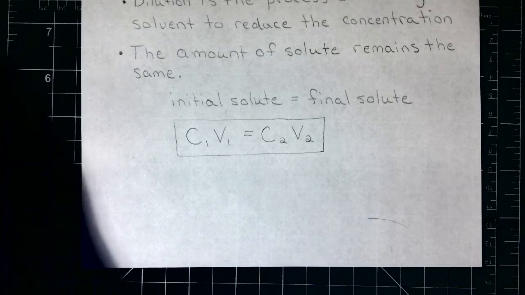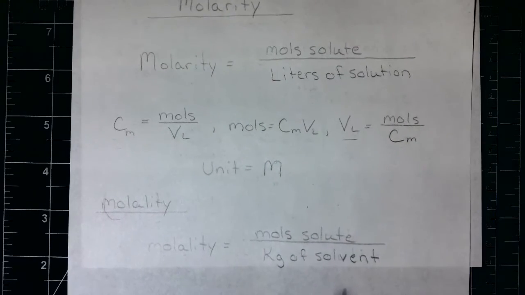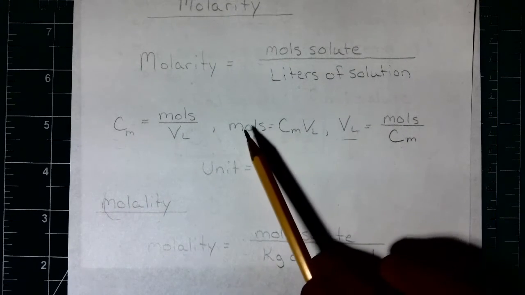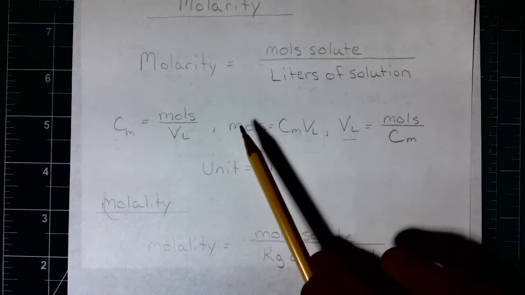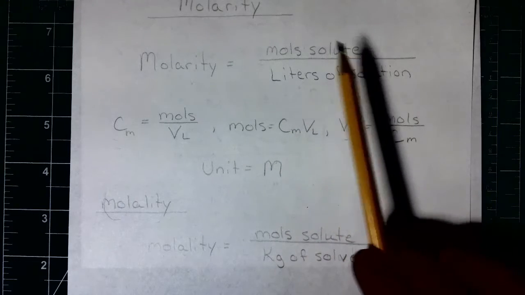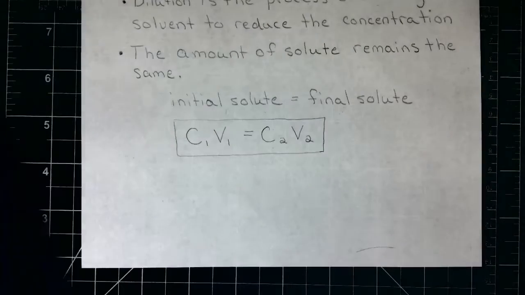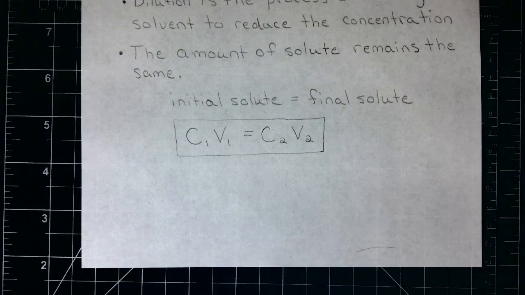And we saw that back here, where we said that the number of moles is equal to the concentration times the volume, by rearranging this equation. And again, that could hold for pretty much any concentration unit that we have.